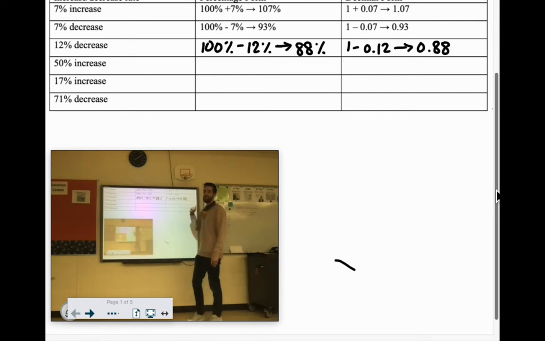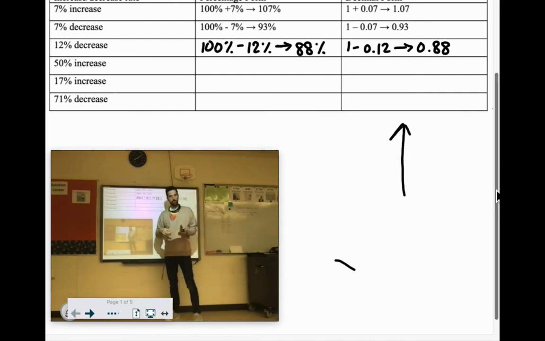So in the formula, we need it in decimal form. So again, if you want to convert the percentages into decimals right away, like in this column, great. If you want to subtract the percentages or add them first and then turn it into a decimal, great. Doesn't matter.